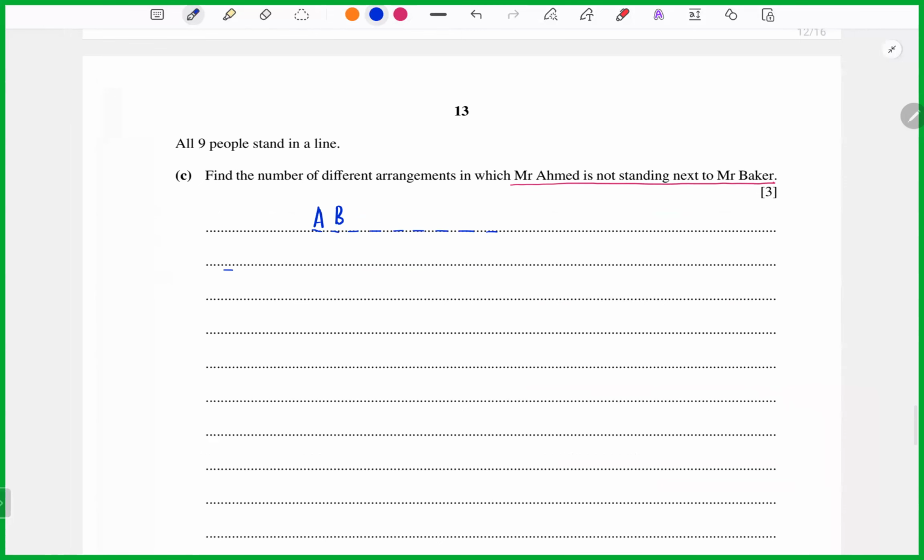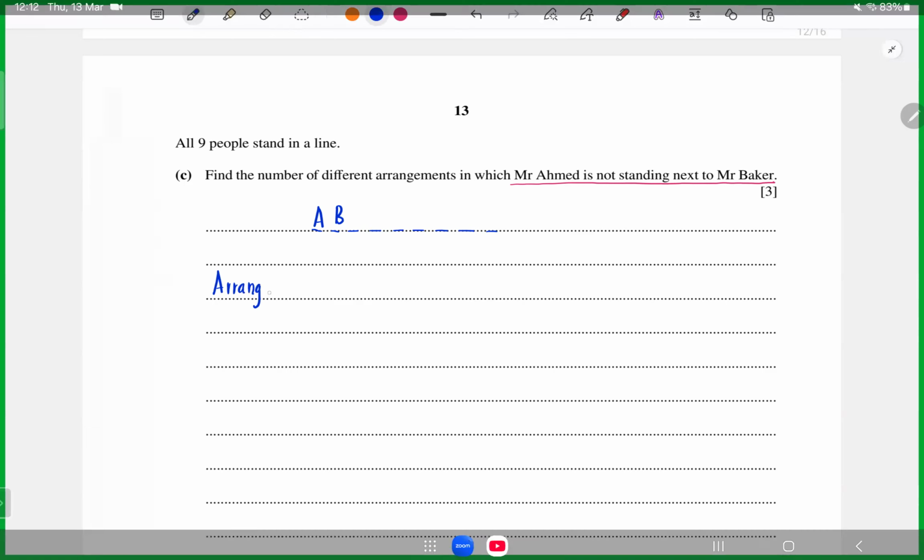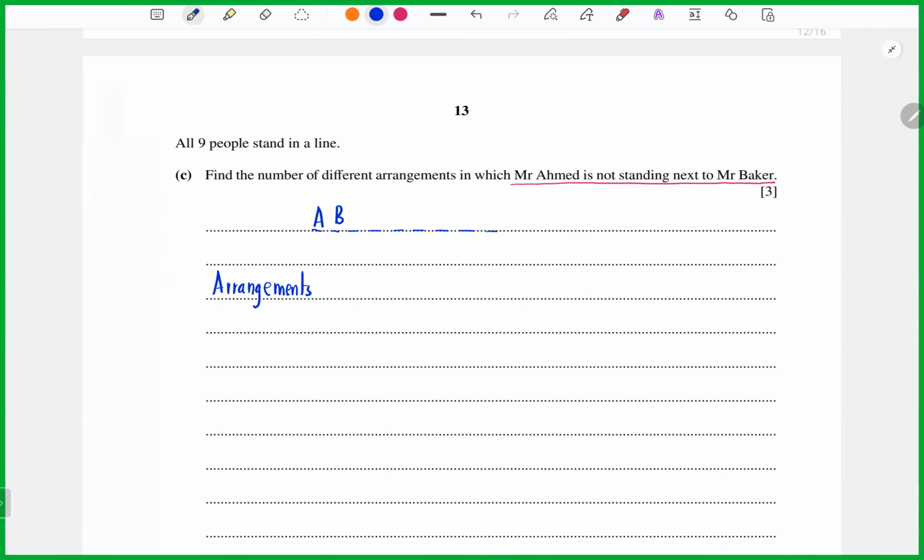You find the total arrangements. Arrangements with the men not together equals total minus arrangements with the men together. You see they are together here, right?